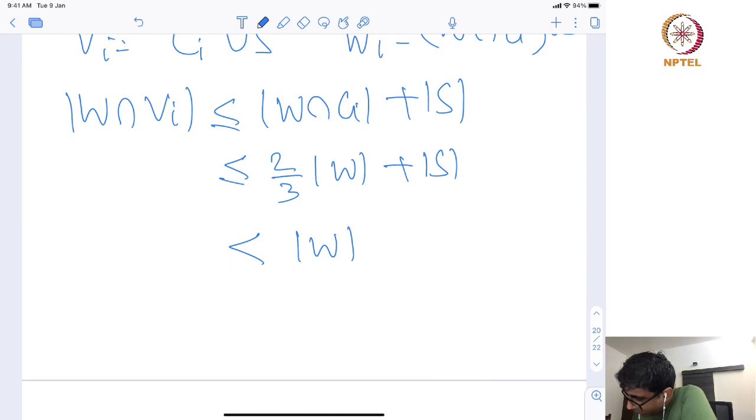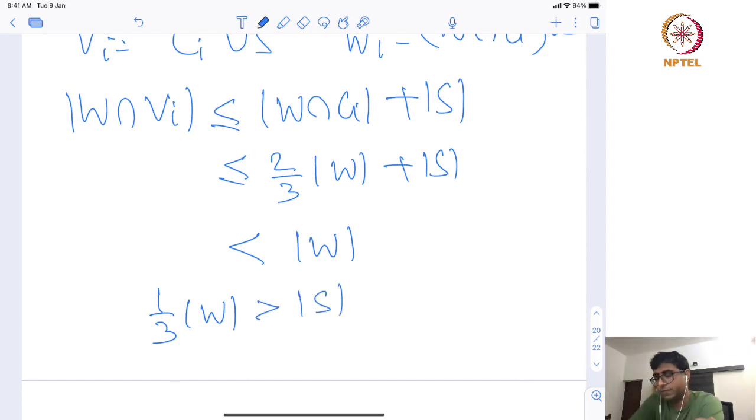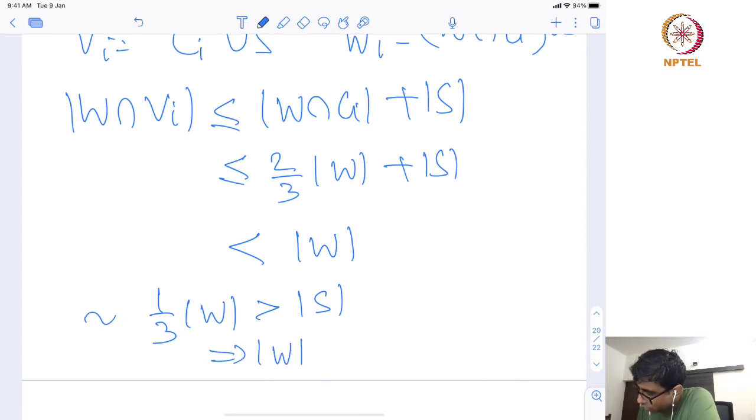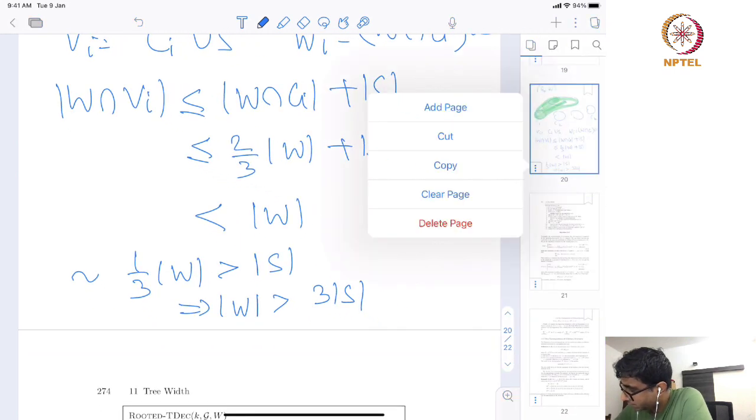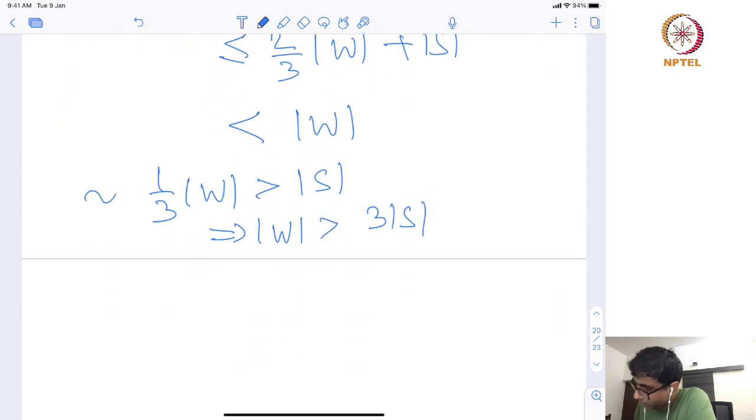So now, if I do this, what I get from here is that 1/3 of W should be greater than or equal to the cardinality of S, which implies that W should be greater than or equal to 3 times mod S. Now, what is the meaning of this?